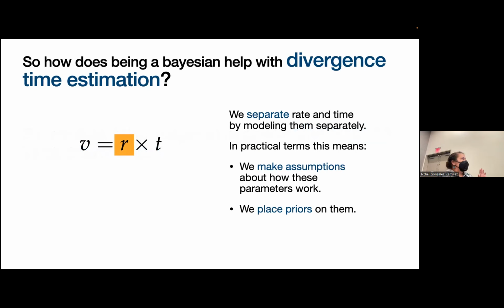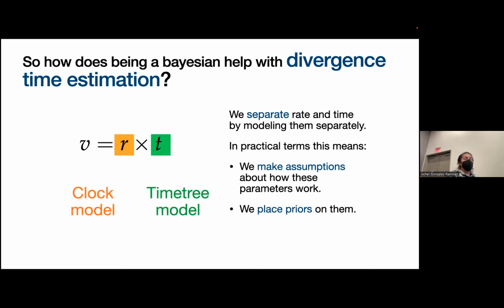So not only do we have to specify a model, but because we're using Bayes' theorem, we can place priors, which is not necessarily bad because we have information from a lot of things that we can use.